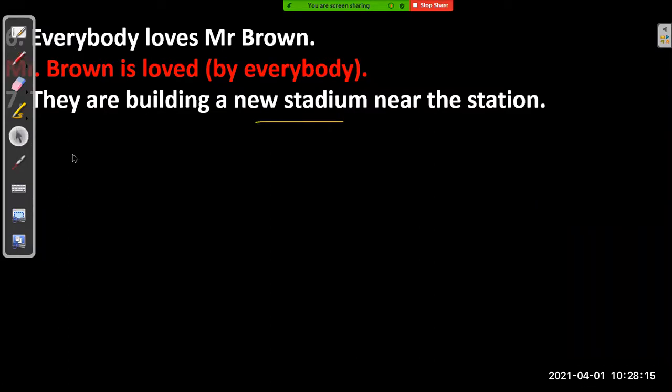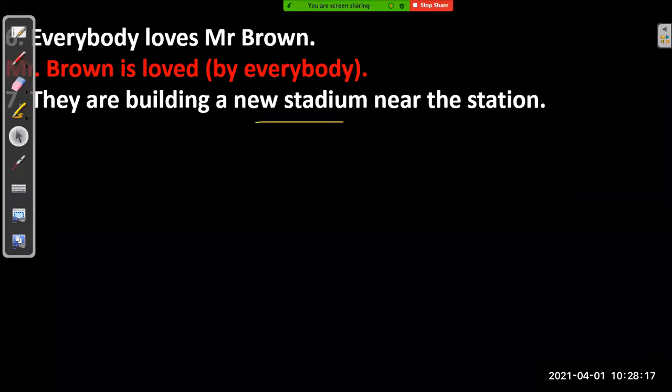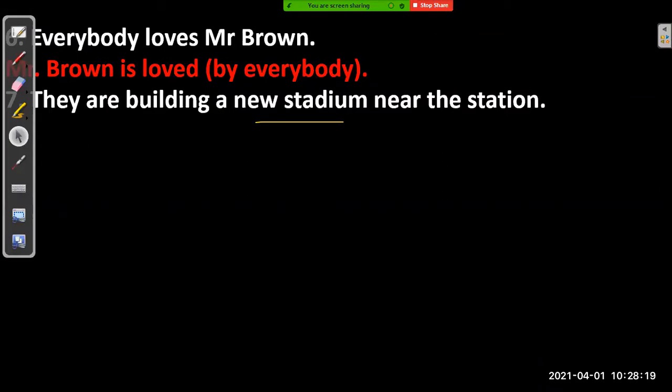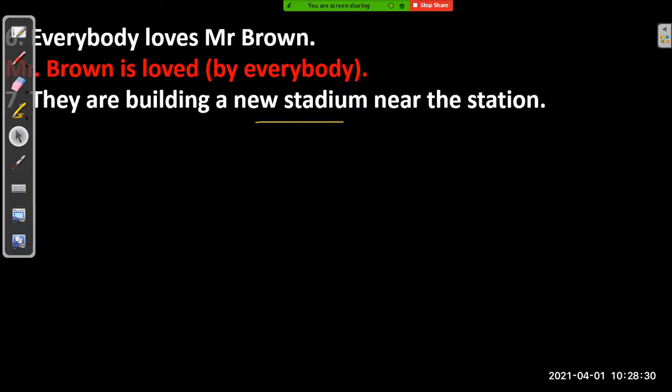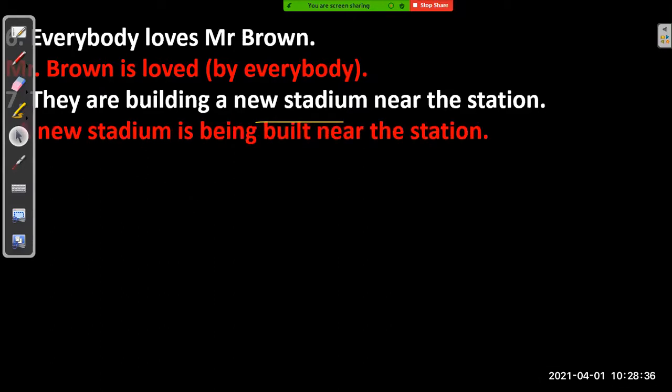A new stadium are being built. But instead of are, it must be is. So say it again correctly. A new stadium is being built near the station. Thank you very much.